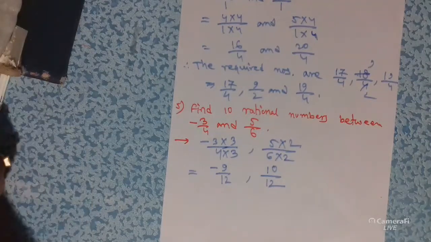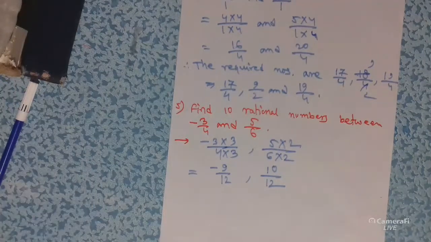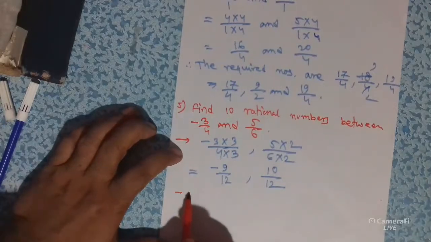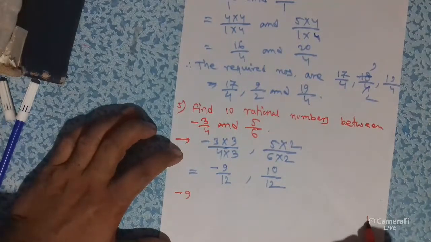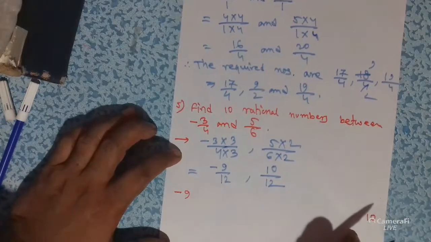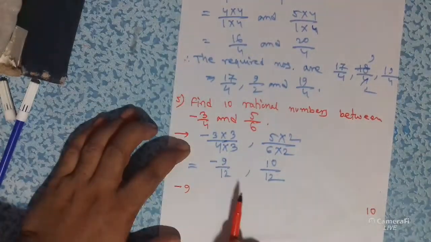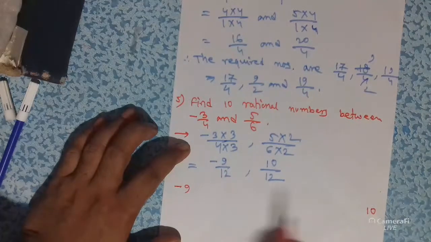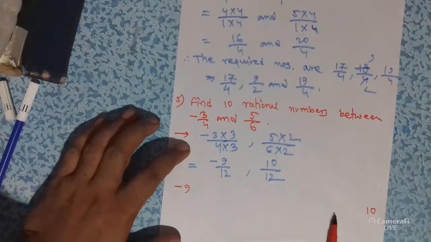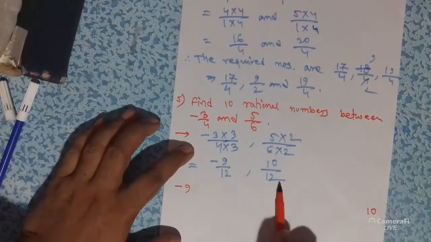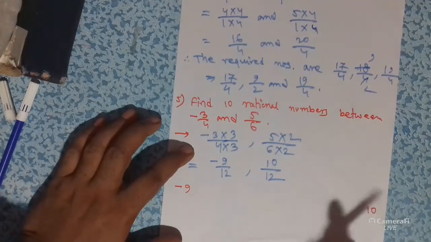So here students, you need not multiply these numbers, because in between -9 and 10 there are lots of numbers. So you need not multiply these rational numbers with any number.